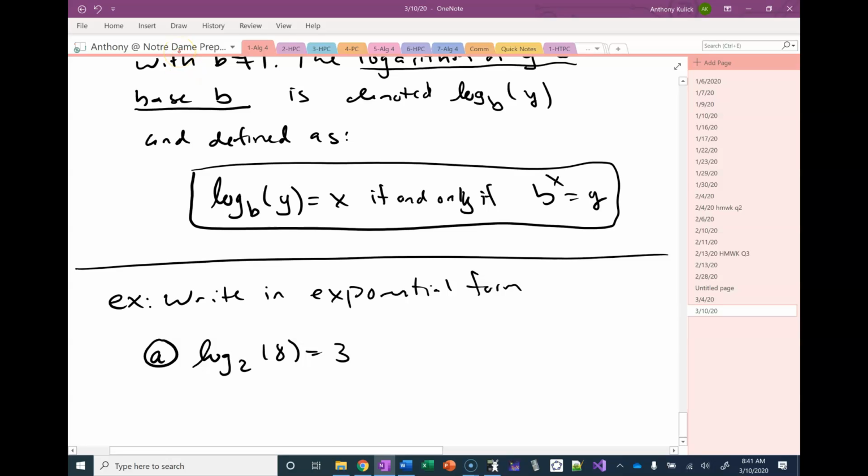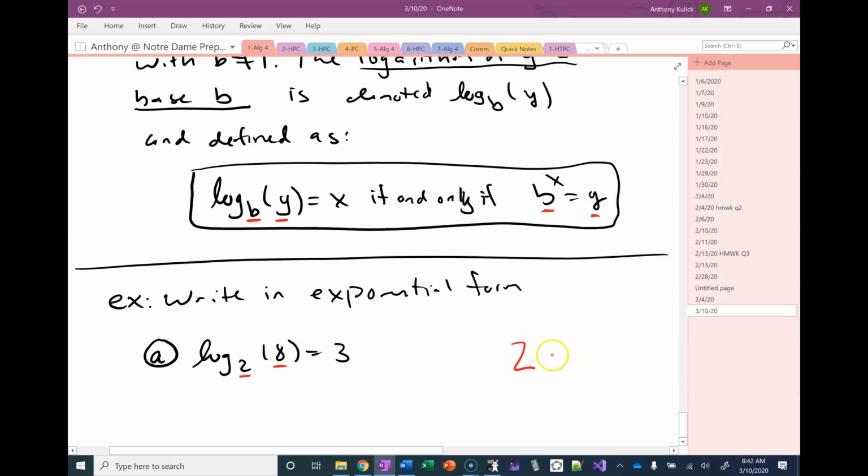okay, so let's say that we have log base 2 of 8 is equal to 3. And I want to rewrite that in the exponential form. So the base of my logarithm is 2. So that's going to be the base of my exponential. The argument for my logarithm here, the y, is 8.